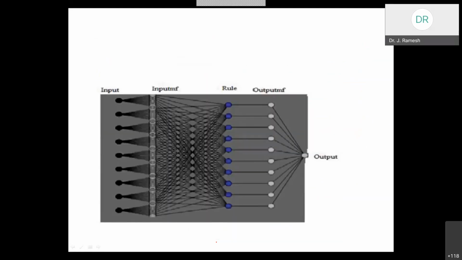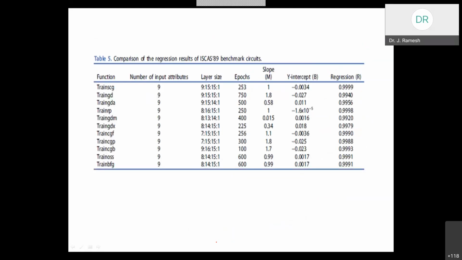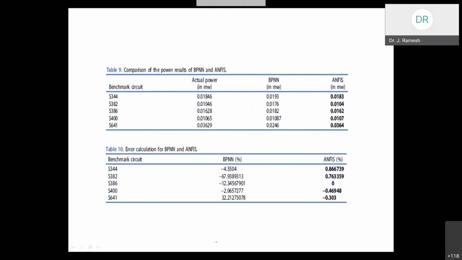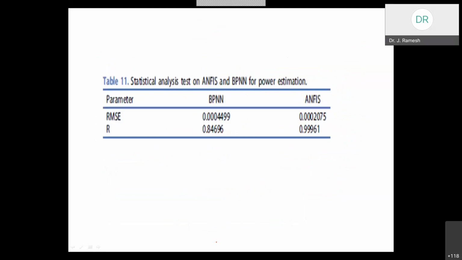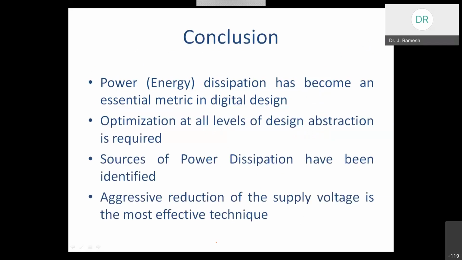We have done the analysis, made the ANFIS system, and used the same training algorithms. Again, we calculated the regression analysis and the root mean square value. And compared to the BPNN itself, we were able to get good results with the ANFIS.